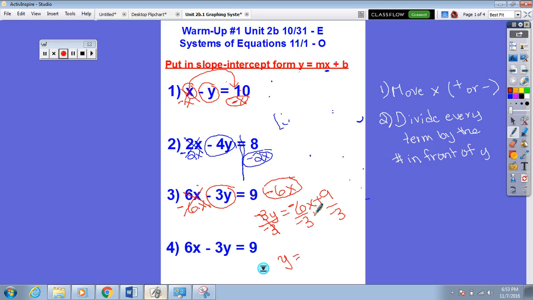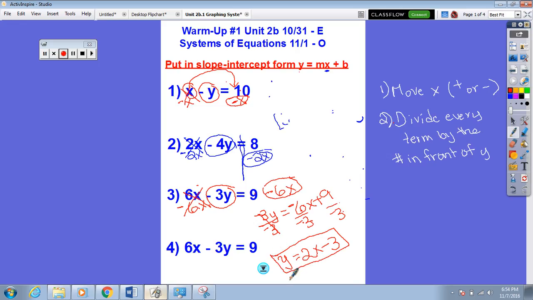So y equals negative 6 divided by a negative 3. Two negatives will give me a positive, and 6 divided by 3 is 2. X. 9 divided by a negative 3 gives me a negative 3. So I have just solved this equation for y.